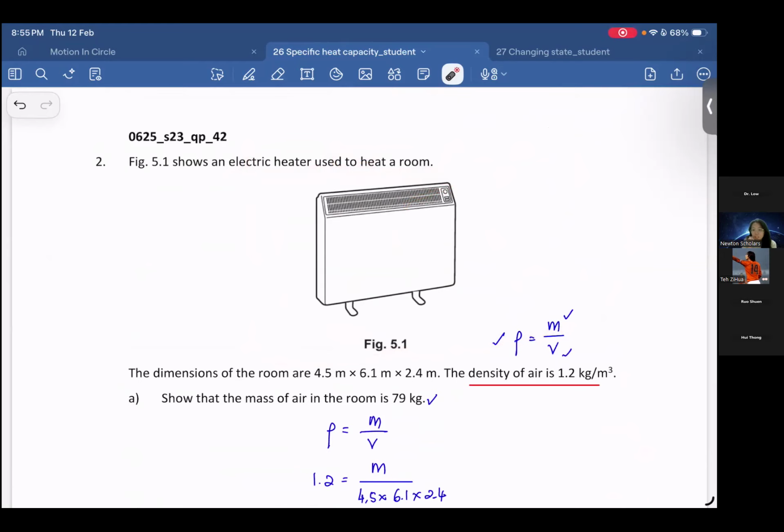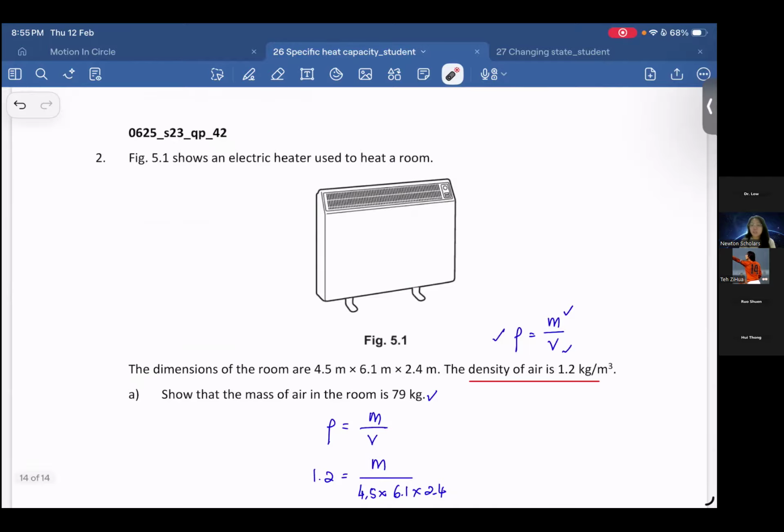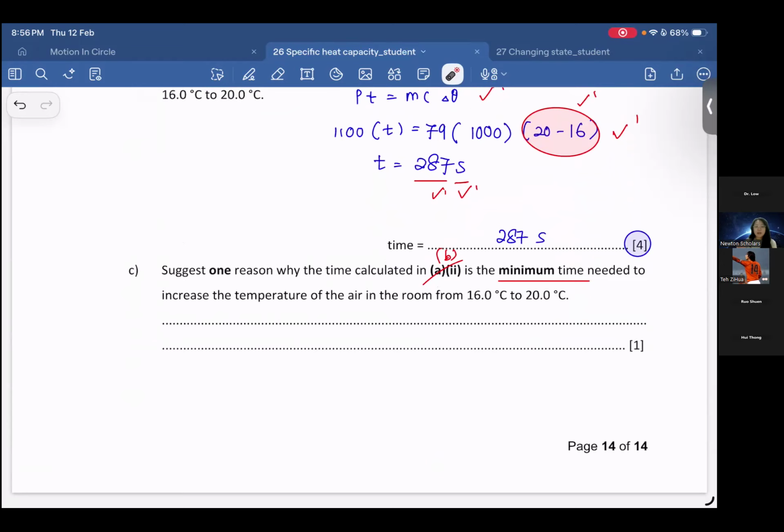So heat converted to sound energy wasted? No. Okay. Heat energy is lost, but not lost to the surrounding. Lost to where? You must have your furniture, your wall, your curtain, whatever. The furniture, your table, your chair, whatever. So we still have some energy loss, but not loss to the surrounding, but loss to all the items surrounding you.